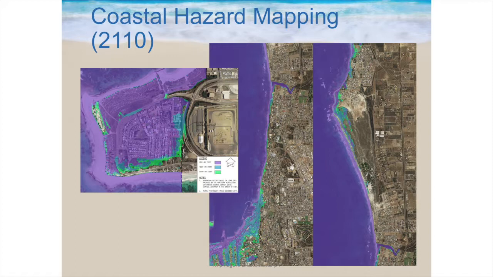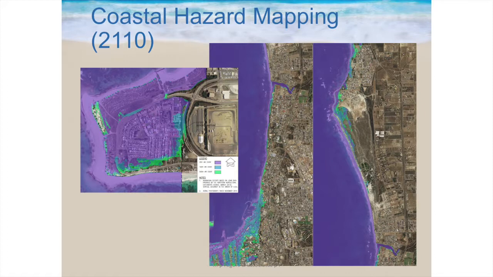The additional area shown in blue indicates the area that would be inundated during a 100-year event in 2110. And the area shown in green is the same, but for a 500-year average recurrence interval event in 2110.